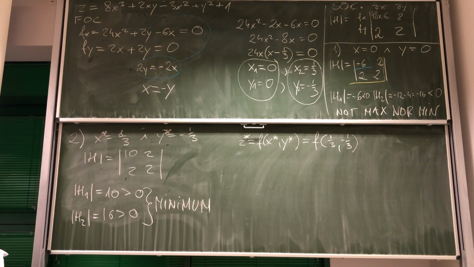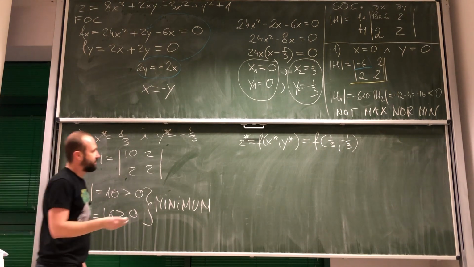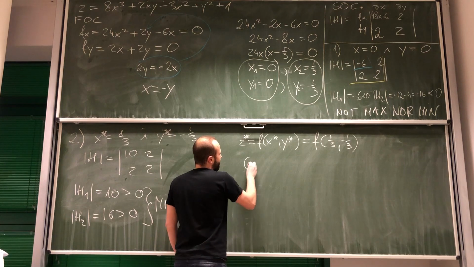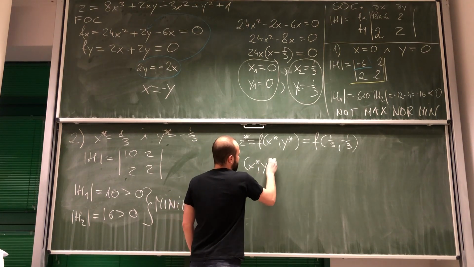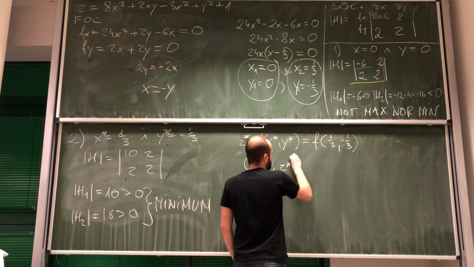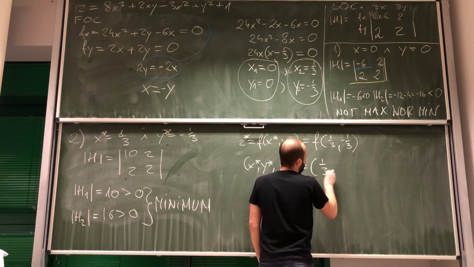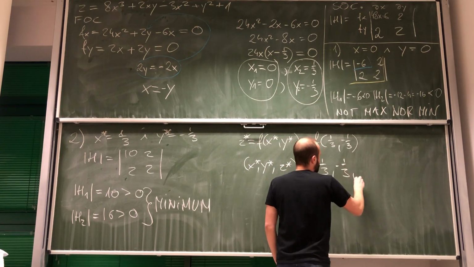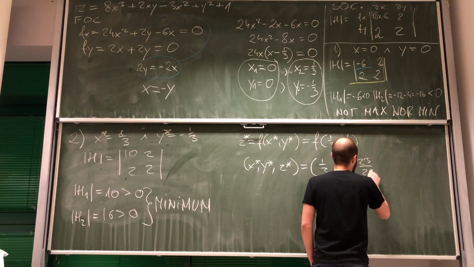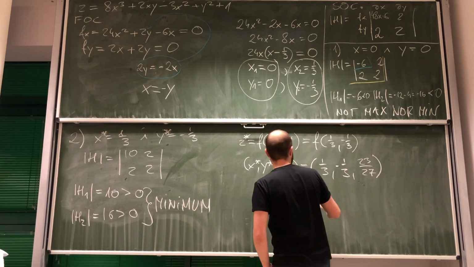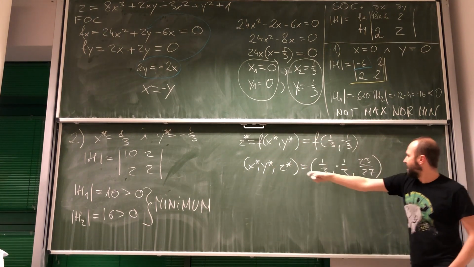Okay, and actually I can tell you the result, which we can write as 1 over 3, negative 1 over 3, and 23 over 27. This is our minimum.